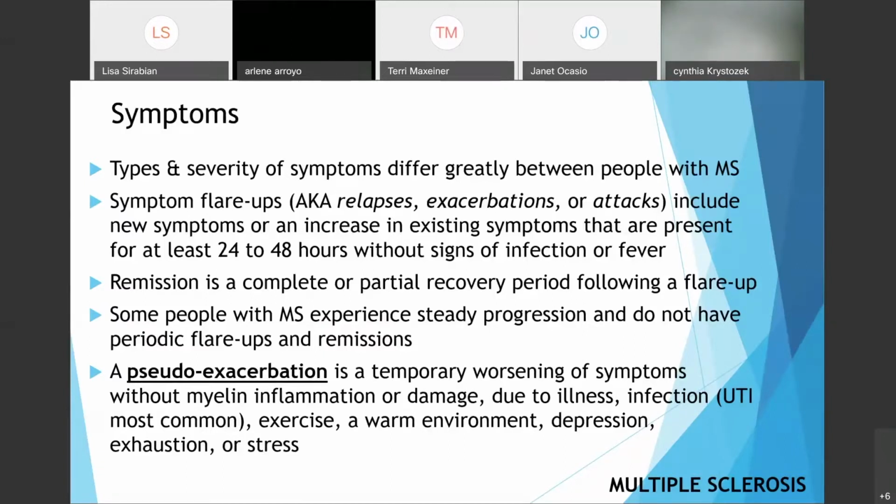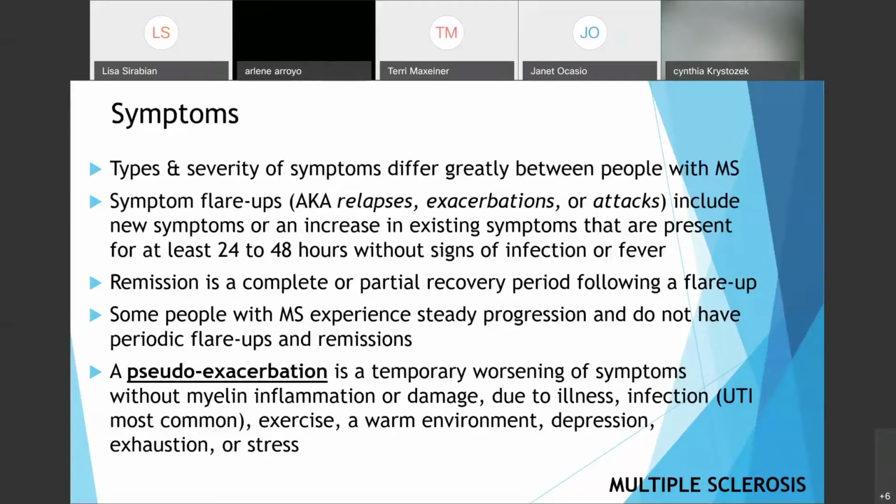Okay, let's look at that last definition. Pseudo-exacerbation is a temporary worsening of symptoms without myelin inflammation or damage. It's due to a variety of things: illness, infection, UTI being the most common, exercise, a warm environment, depression, exhaustion, or stress.